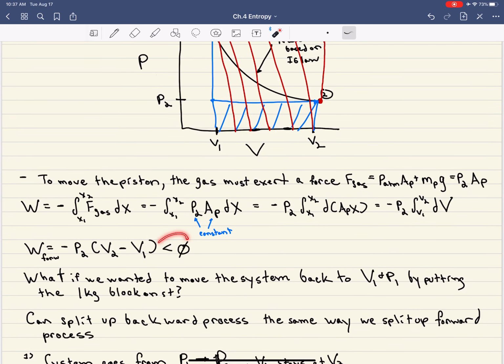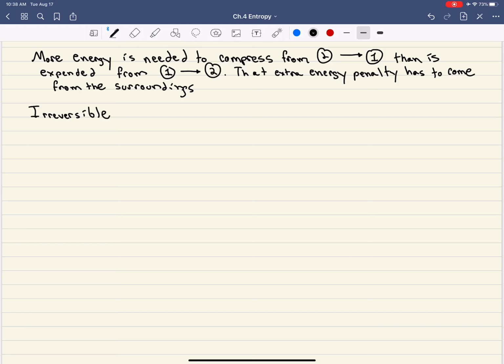Okay? And so, with that idea in place, I now want to define two terms for you. All right? And so, when we talk about processes, we can refer to a process as an irreversible process or a reversible process. All right?